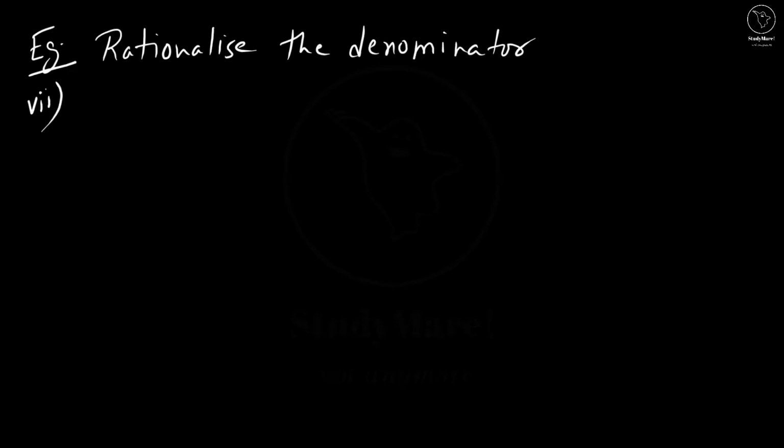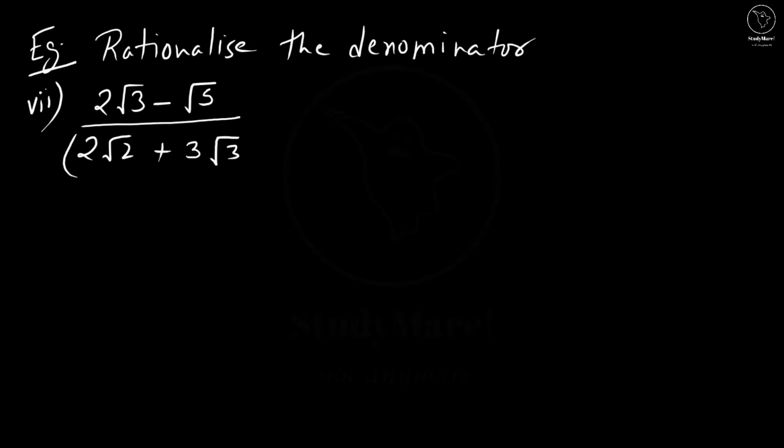Our next example is (2√3 − √5) divided by (2√2 + 3√3). Here the rationalization factor is 2√2 − 3√3.